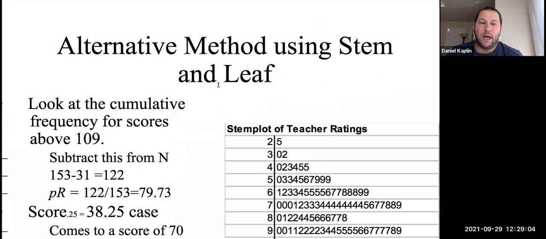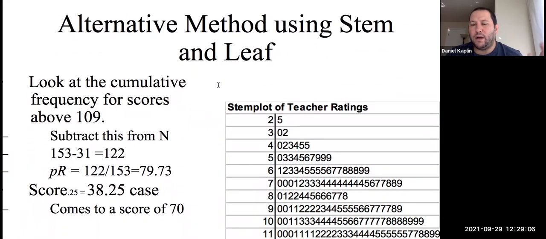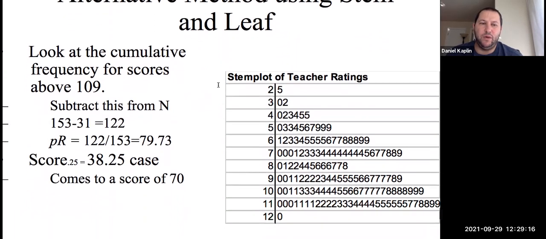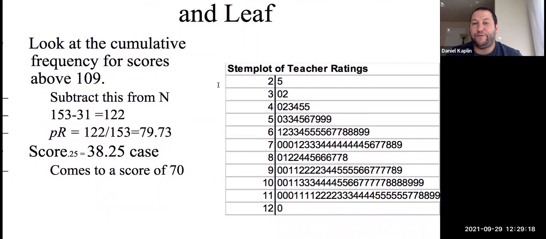Now, there are other ways that are not as precise, using the stem and leaf diagram. You could find the 122nd case, right? And calculate your answer.